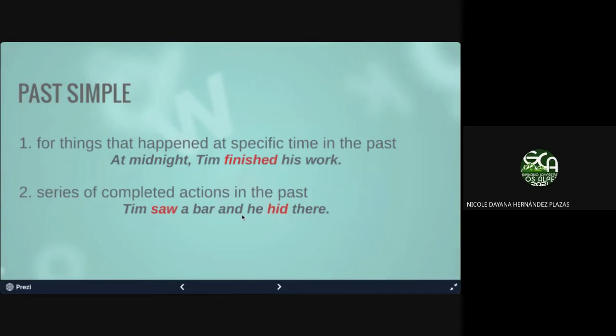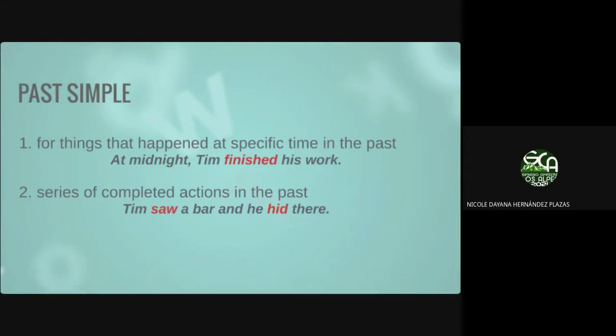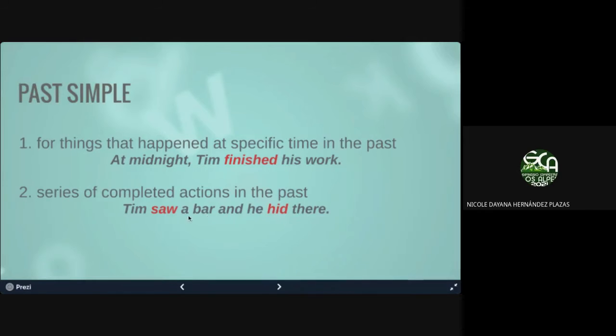The second thing that happened was that he maybe ran away and then he hid there. So one completed action is followed by another action that is completed too. Okay? Tim saw a bar and he hid there. Two uses for past simple in this context that you must take into account.